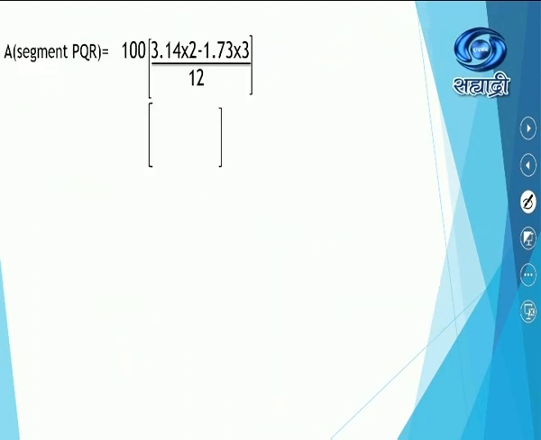Area of segment PQR is equal to 100 into the bracket 3.14 into 2 minus 1.73 into 3 upon 12. So 100 into the bracket 6.28 minus 5.19 upon 12. So 100 into 1.09 upon 12, subtraction.